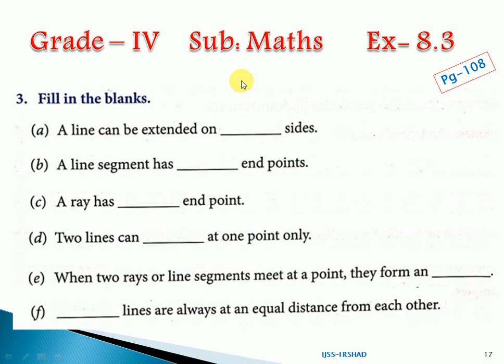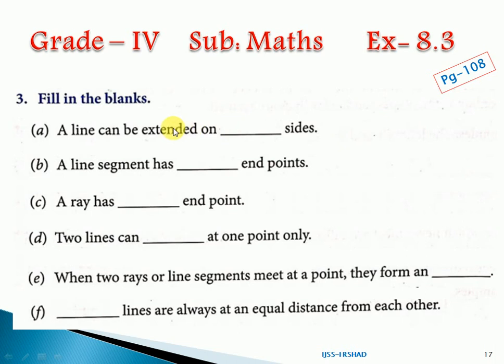This is question number 3. Fill in the blanks. Whatever I have explained till now, the brief explanation I gave you at the start of the video, from the knowledge of those slides you can write the answers here. Number 1: a line can be extended on dash sides.